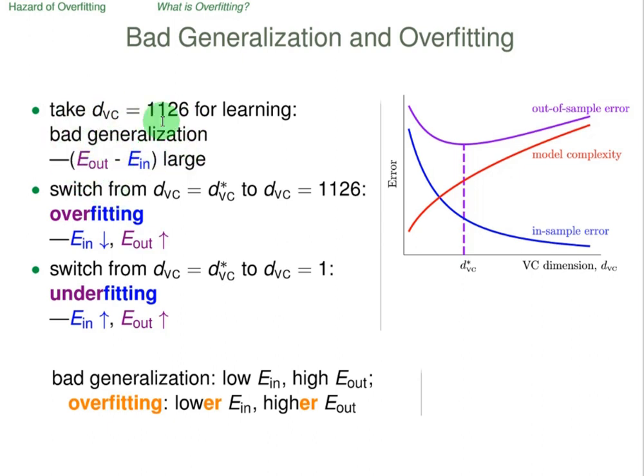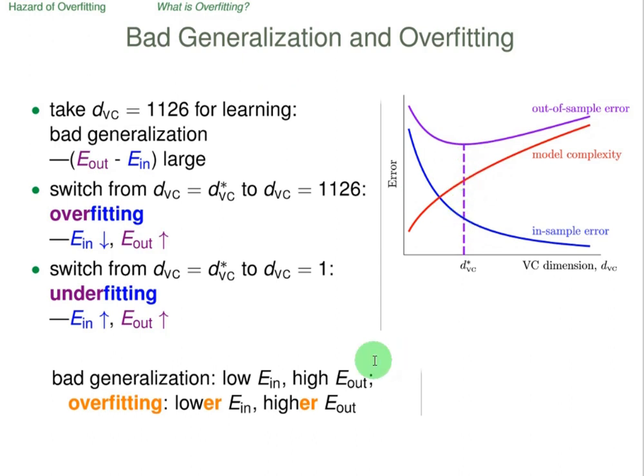The optimal hypothesis and its complexity is indicated with a proper complexity of VC dimension, as shown in this graph. Okay, so we have error and model complexity, represented in terms of VC dimension. If we switch from dVC star, which means the optimal VC dimension, to 1126, which is much higher, then we can see the in sample error goes down and out of sample error starts to increase. In sample and out of sample error start to diverge.